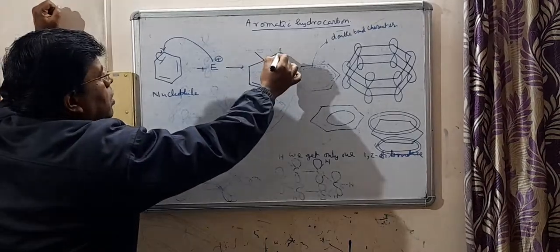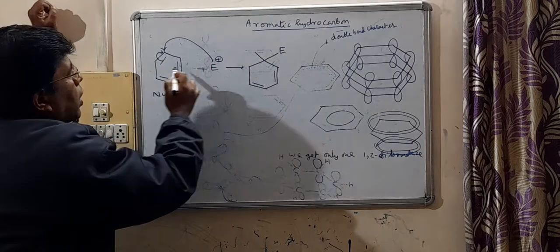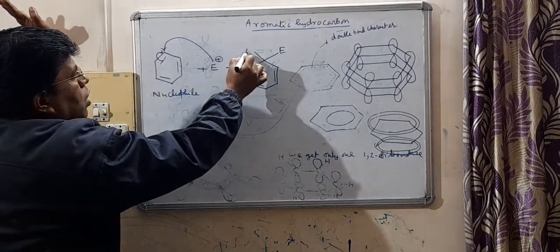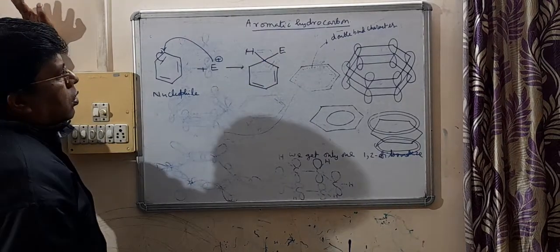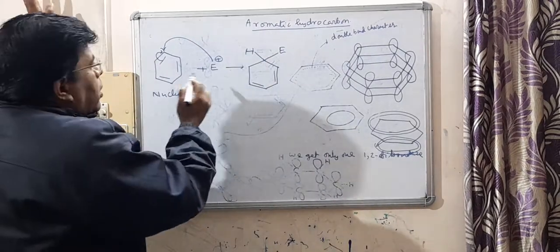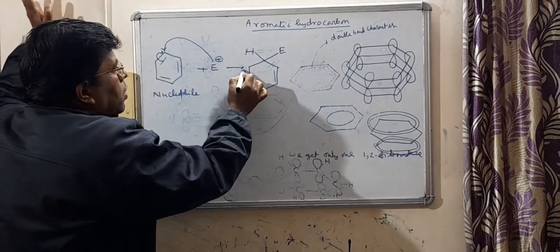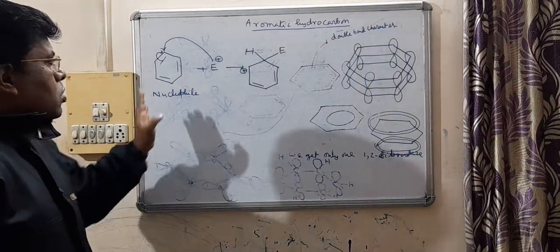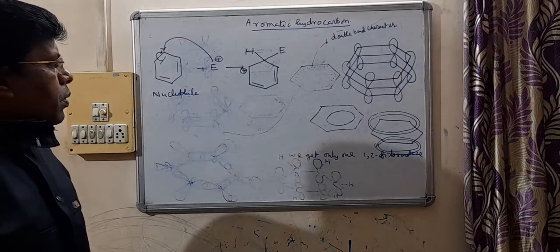Here, E gets attached, and here there is also a bond with hydrogen that we can show now. And this carbon will become plus. So this is what happens.